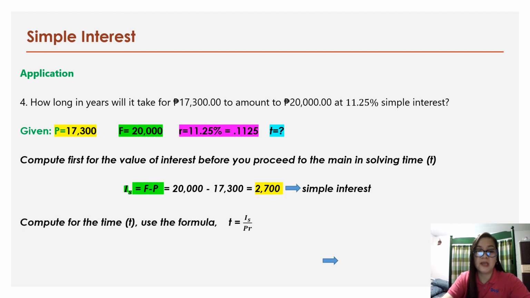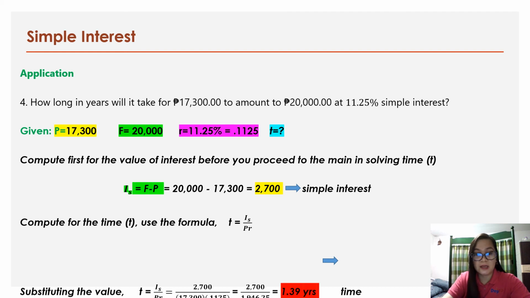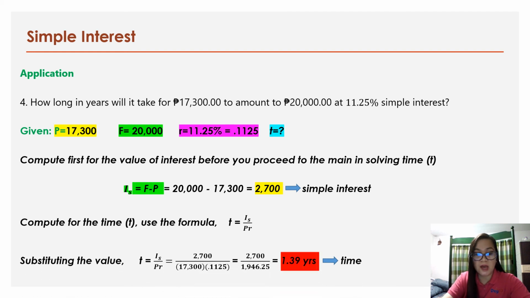Okay, compute for the time, or T. Use the formula T is equal to I sub S divided by P times R. This is the only formula also in solving for T. Now substituting the value, we have T is equal to I sub S equals 2,700 divided by P, or the principal, 17,300, times the rate, 0.1125. That will now be equal to 1,946.25.